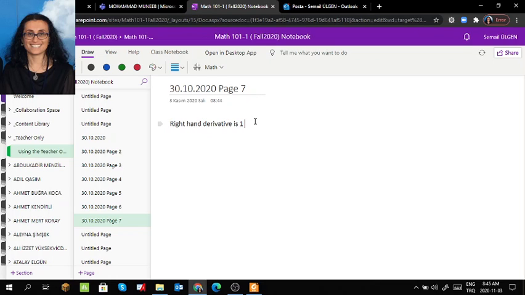So we have seen that the right hand derivative is 1. So what is the left hand derivative? Okay, so we are going to find it similarly. We use the definition of the left hand derivative.